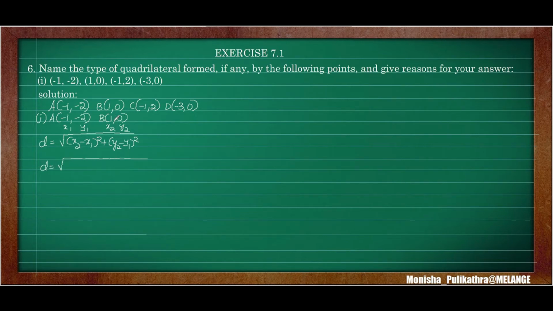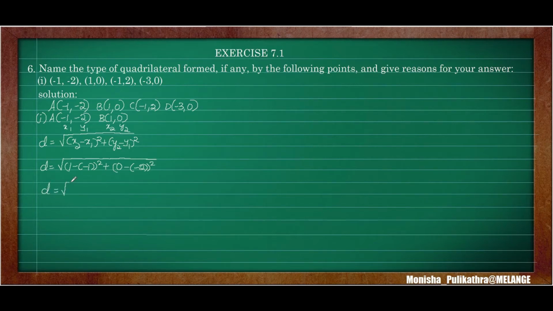Okay, so here x2 is 1 and x1 is minus 1. Already in the formula there is a minus, so put a bracket here and write minus 1. Plus y2 is 0 and y1 is minus 2, so put a bracket and write minus 2.